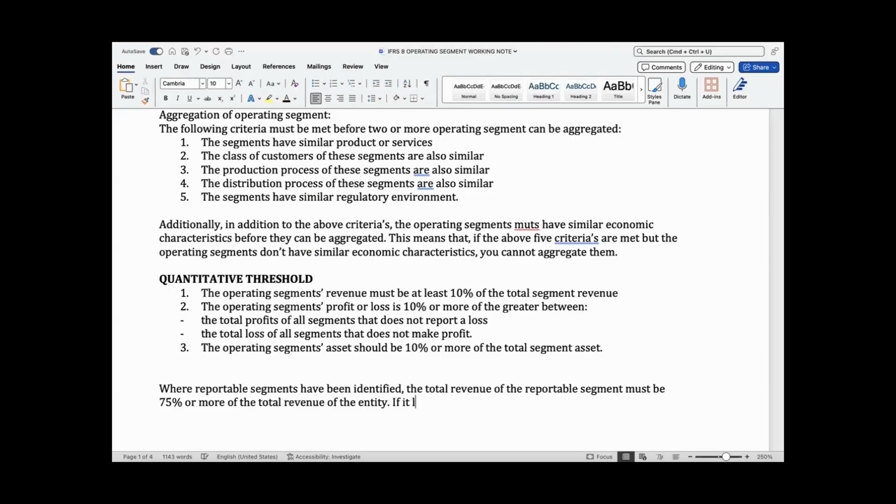If it is less, the entity must identify additional reportable segments, even if they don't meet the quantitative threshold.